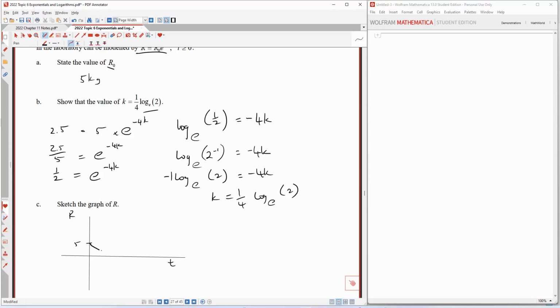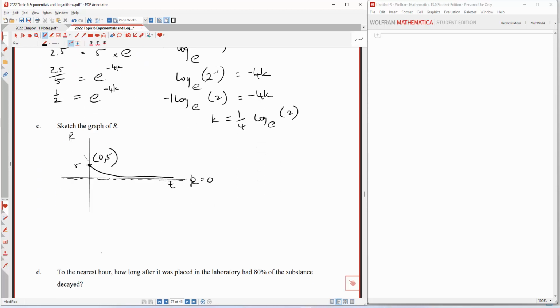So I'm only going to draw this part of it. And let's draw an asymptote along here at R equals 0. And the reason I didn't continue it along there is because you can't have negative time. Okay, so 0, 5, and there's my sketch.